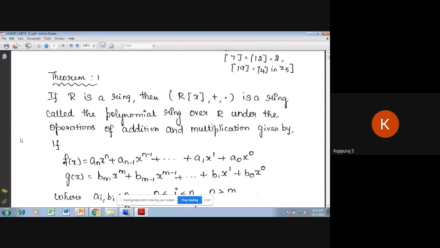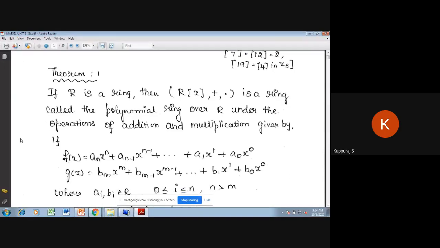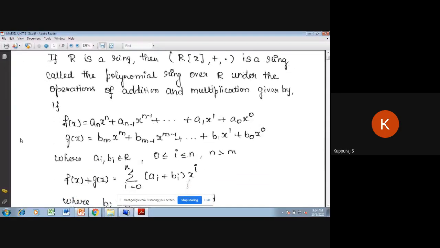The statement of the theorem is: if R is a ring, then R of x, that is the polynomial ring, with the two operations addition and multiplication, plus and dot, is a polynomial ring over the set of all real R. Here two polynomials are given, f of x and g of x.